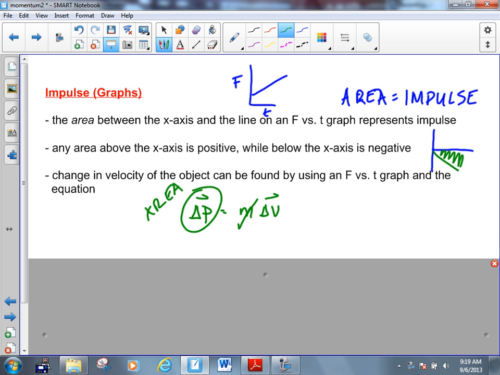So although you're not looking for impulse, you're still going to do the area equals impulse thing to help you get what you actually are looking for, which in this case is the change in velocity. We could take it a step further. If you're asked for the final velocity, given an initial velocity, then get the area, which is the impulse, get delta v from that area, and then from delta v, get vf.